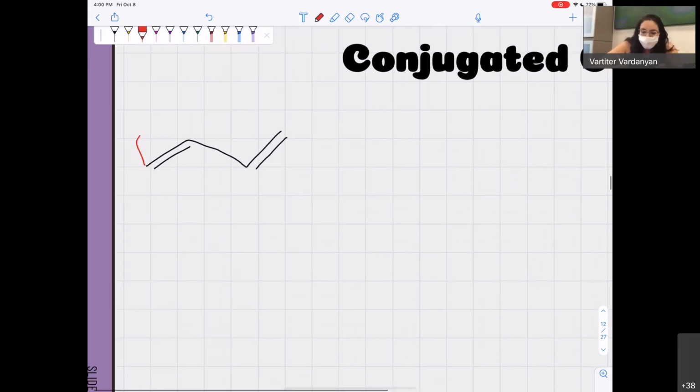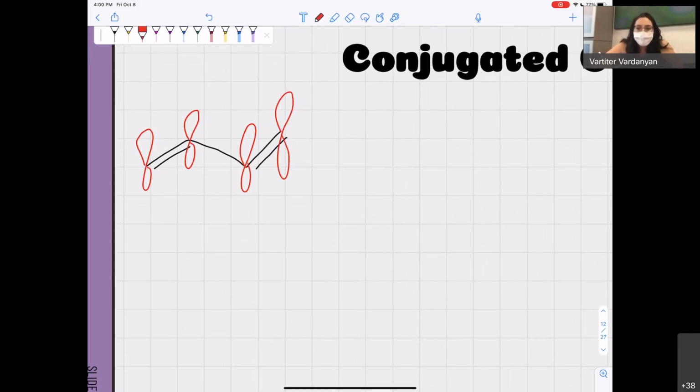Okay, when we're talking about molecular orbital theory, we care about the number of sp2 carbons. We don't care about all of the carbons present. So I could put 15 more carbons on this chain, and it would be exactly the same thing as 1,3-butadiene, as long as there's no other double bonds here.